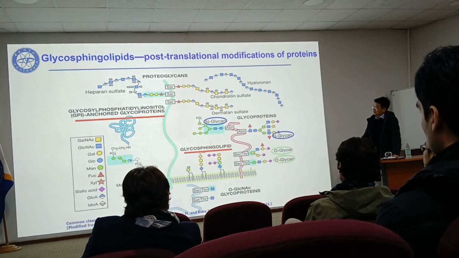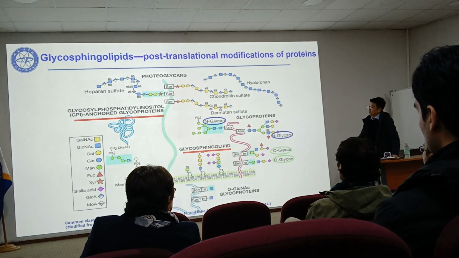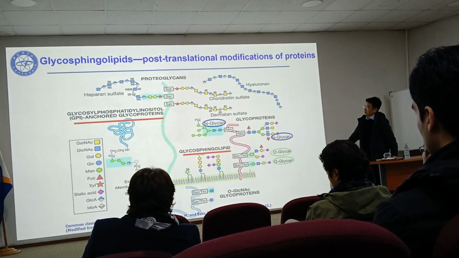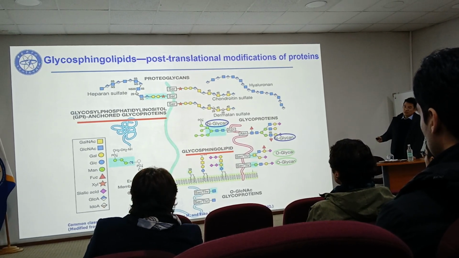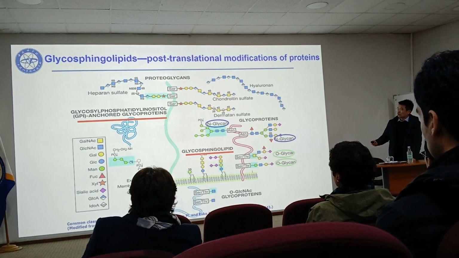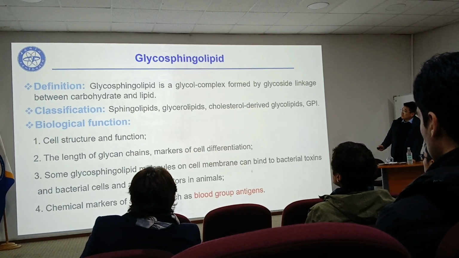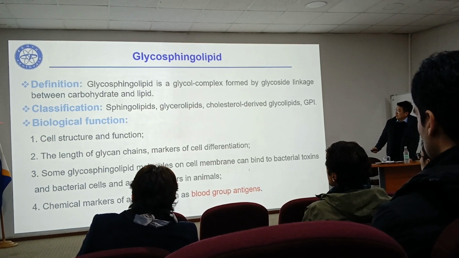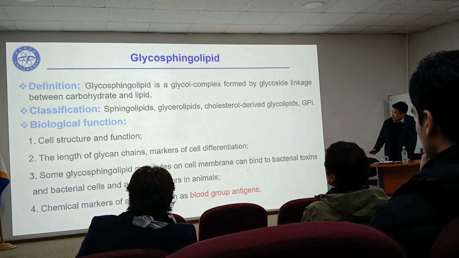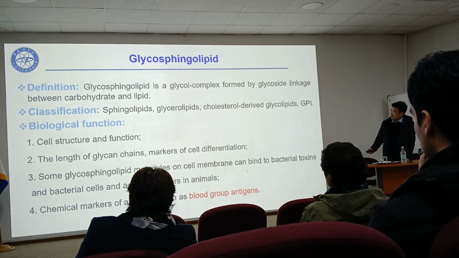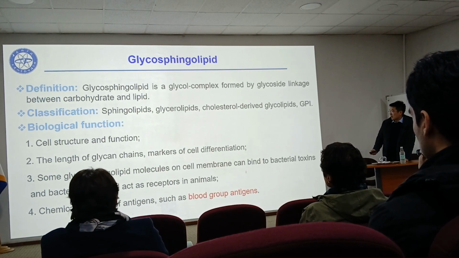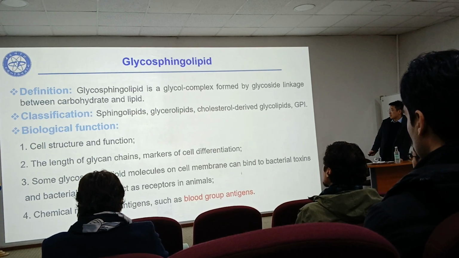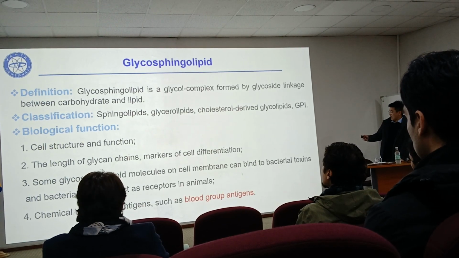So I do research on this part, but this is also very important. For example, GPI-anchored proteins are very important for nearly all signal transduction. These are the definition and also the biological function, most important for cell structure and function.